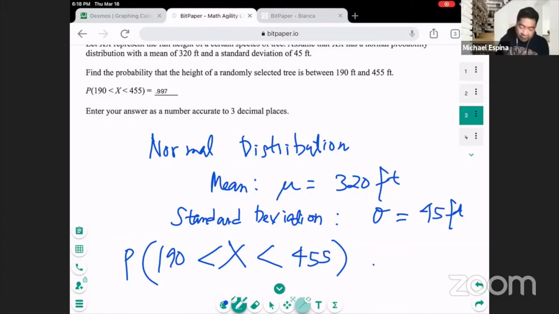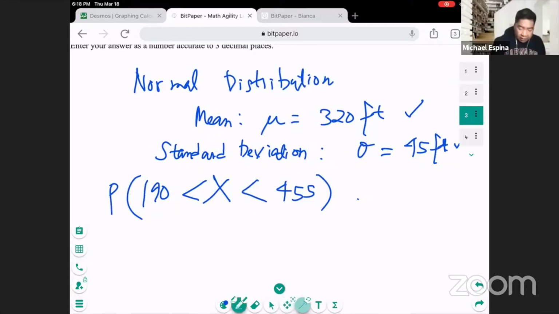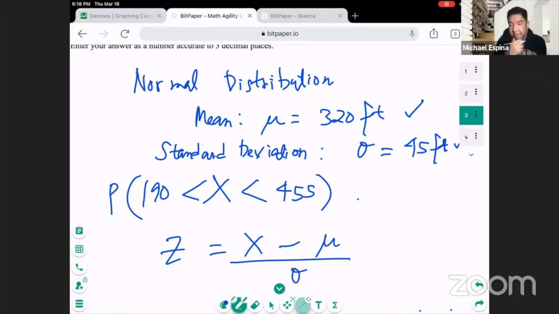Since we have the mean value of 320 feet and the standard deviation of 45 feet, we can actually use the z-score. We can translate everything into the z-score graph. The formula for z should be x minus mu, all over sigma. Okay.